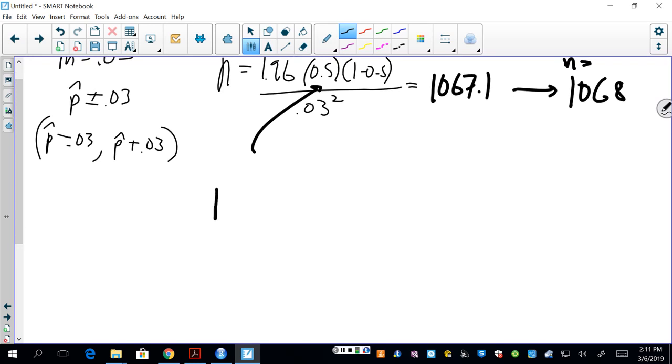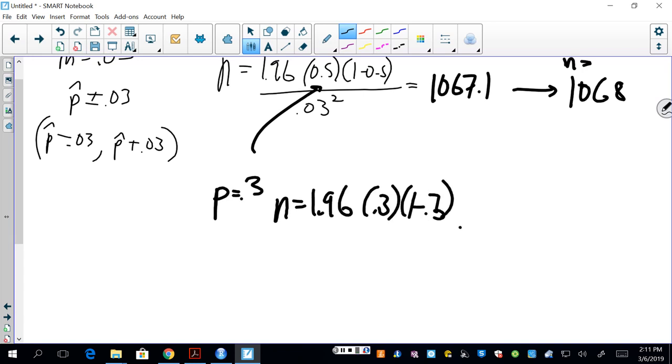If instead you thought p was something like 0.3, then n is going to be 1.96 times 0.3 times 1 minus 0.3 over 0.03 squared. That's not what it's going to be.